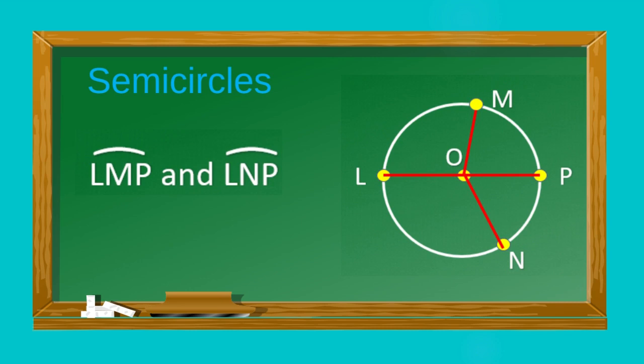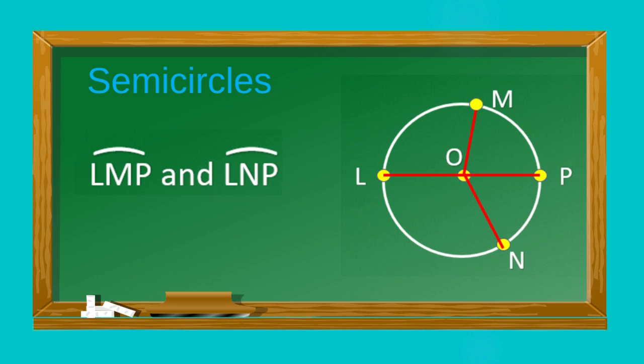The example here: given circle O, we have points M, P, N, and L. Those are the points on this circle. Now, you are going to look for the semicircle, which has a diameter, LP.